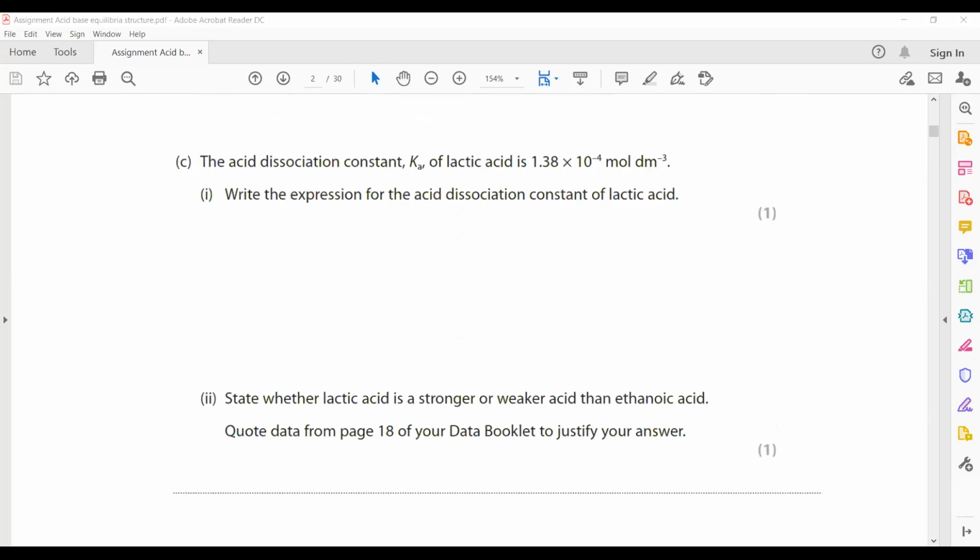So for the dissociation constant of lactic acid, Ka is equal to... if I write the equation first, lactic acid is CH3CH(OH)COOH. When it dissociates, it forms CH3CH(OH)COO⁻ and H⁺.